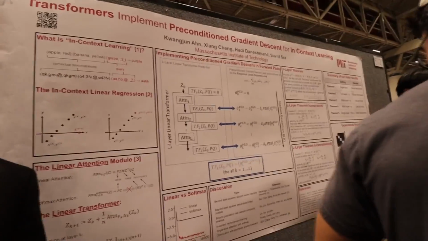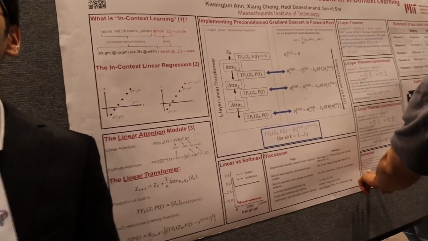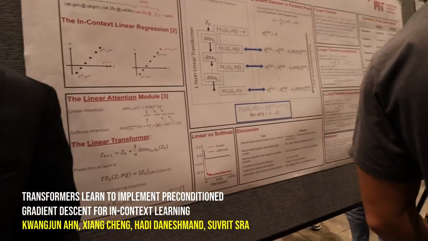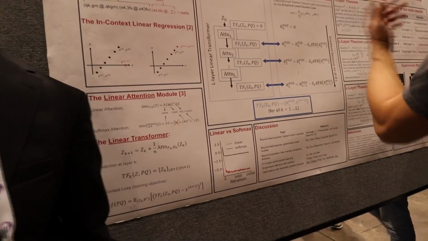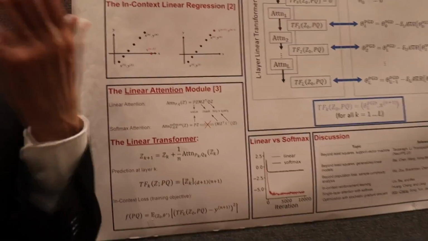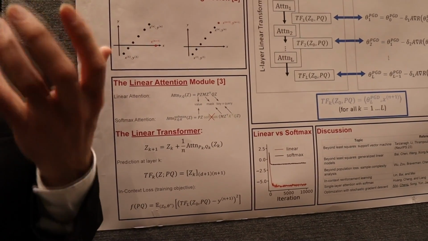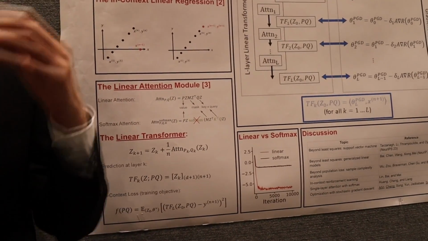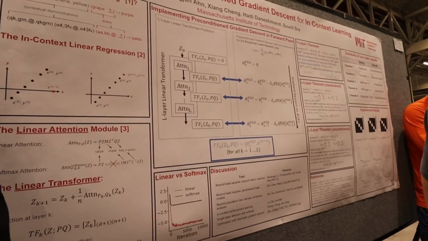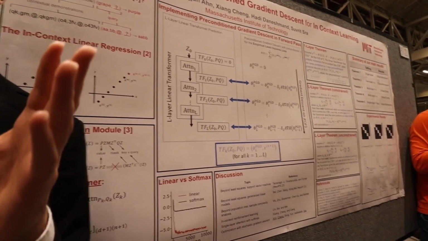Transformers implement preconditioned gradient descent. That's very cool. So you figure that if in-context learning happens, what's actually happening is some sort of gradient descent. We had that discussion. The idea is that if you want to solve least squares with the transformer and you train it on random data generated to solve least squares, then when you increase the number of layers, the network across the layers is implementing some algorithm which is preconditioned gradient descent.